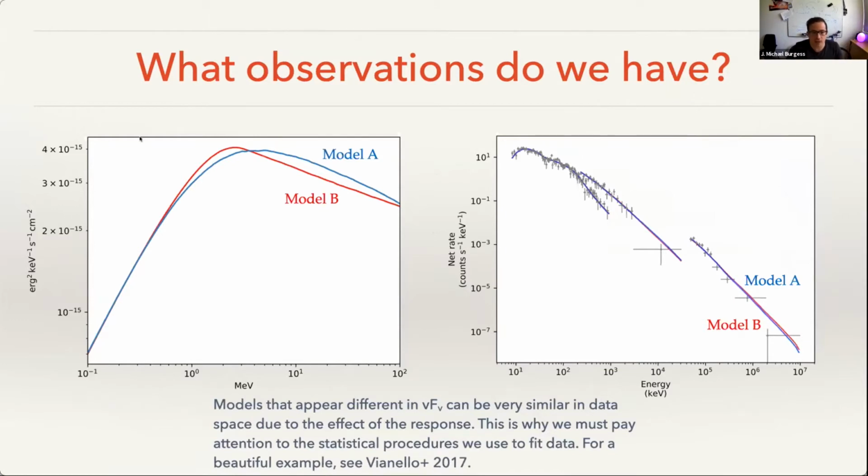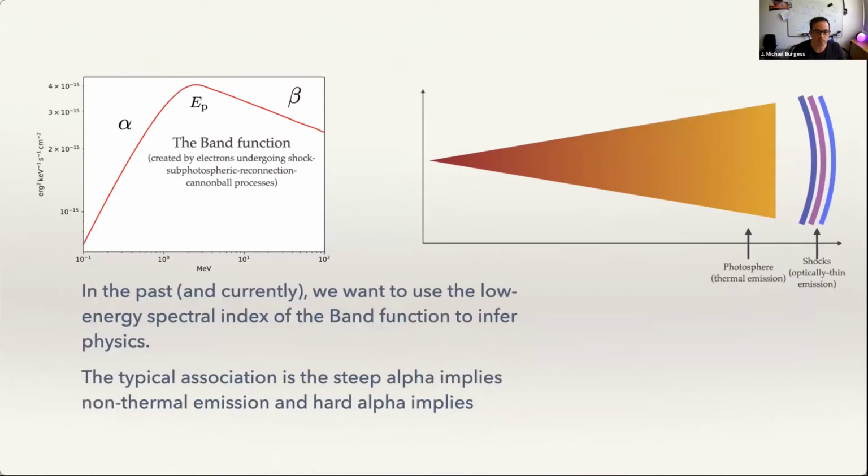Can you see my mouse? Yes. Thank you. These 2 different spectra look very similar in the data, even though they would look very different in nu space. So if we start trying to do modeling in nu space, or with empirical models or empirical measures to determine what's going on in physics, we might get the wrong answer.